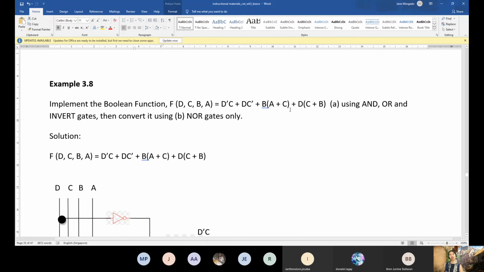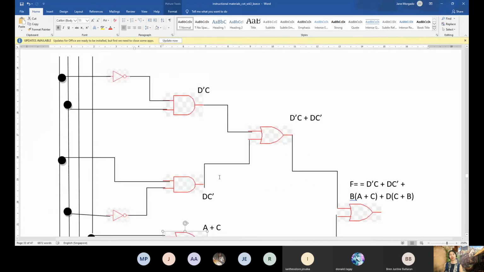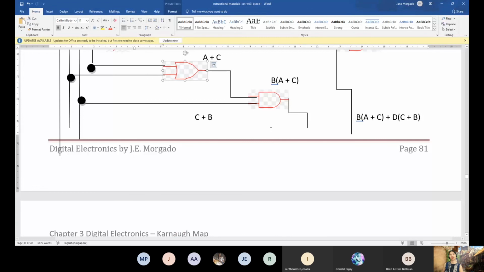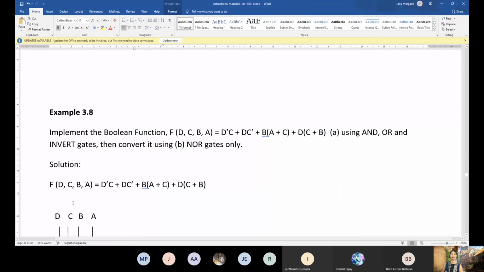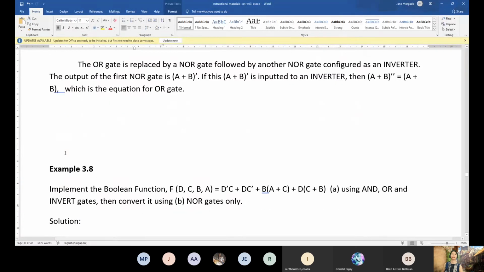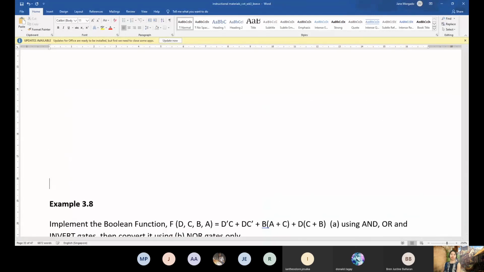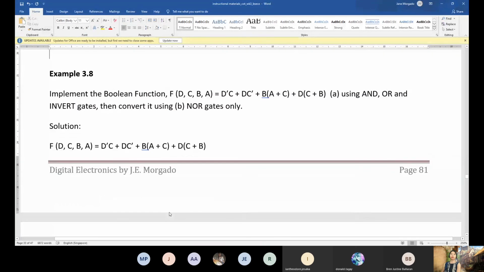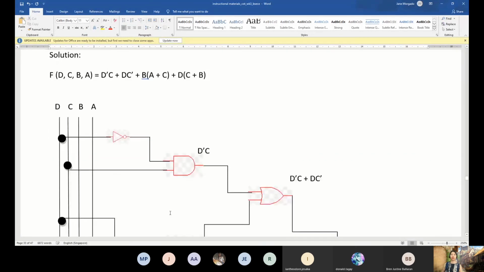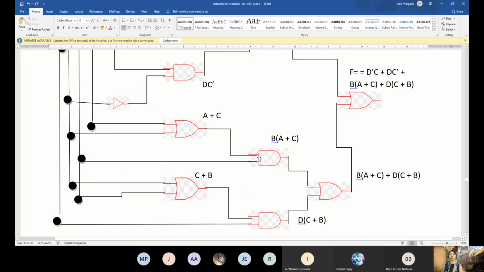A plus C times B. Okay, so we have A plus C. We use an OR gate for A plus C and then times B. The output of A plus C is being inputted to an AND gate, then you have B input here.